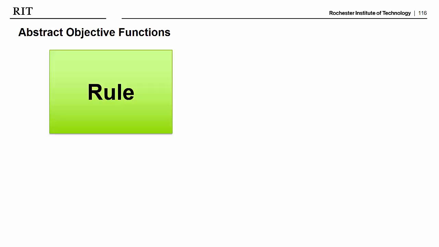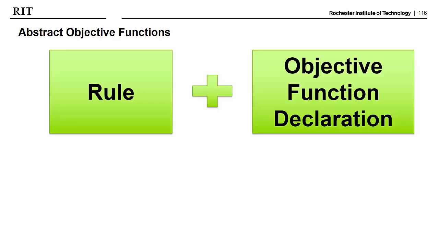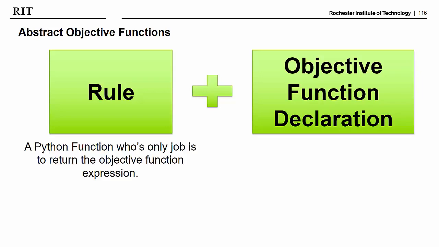So an objective function in an abstract model in Pyomo has two parts. First, there's a rule, and then there's an objective function declaration. This rule is essentially a Python function, and the only job of this function is to return an objective function expression.